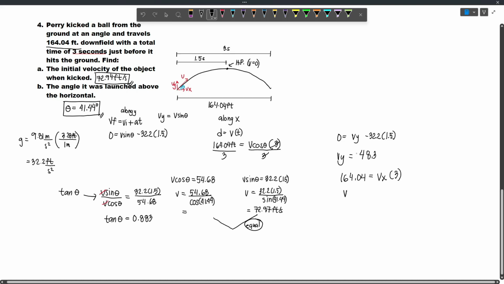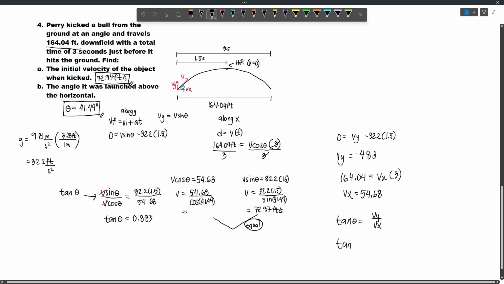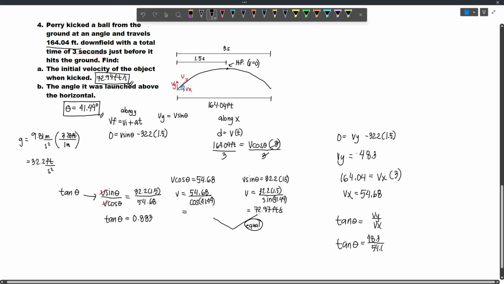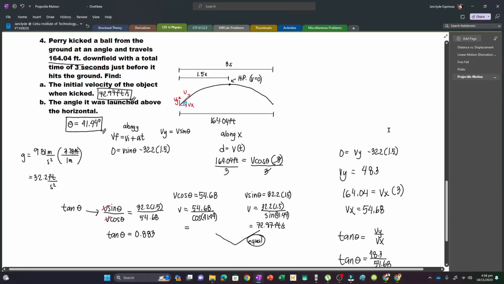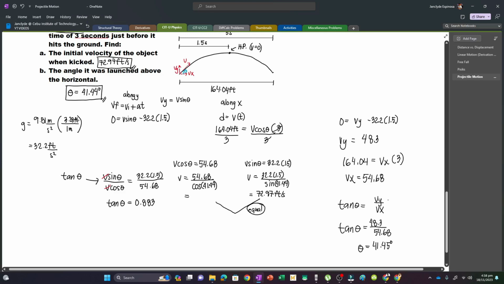So, Vx, as we got earlier, is 54.68. And so, you can use tangent theta is equal to Vy over Vx. So tangent theta is equal to 48.3 over 54.68. Solving for theta, you get arctan of 48.3 over 54.68, which gives 41.45. You can use that as well.